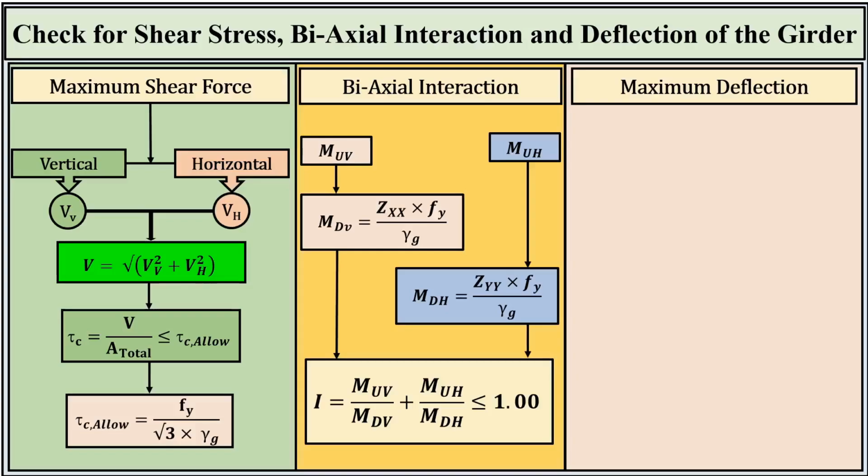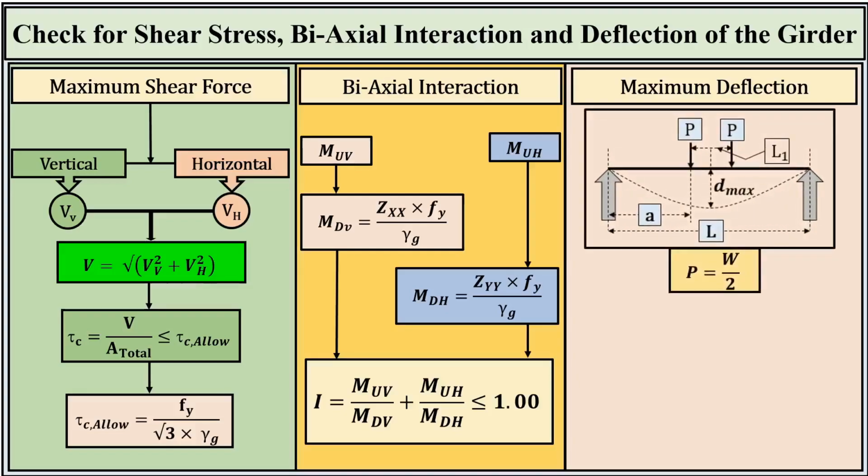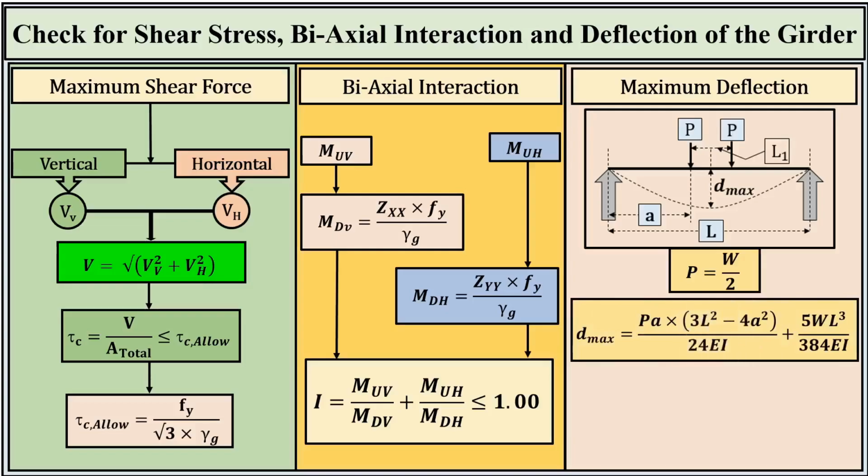Deflection calculation. In the final column, we perform the deflection check. To get a highly accurate result, we account for both the crane wheel loads and the deflection caused by the self-weight of the gantry girder itself. We calculate the total maximum sag, D maximum, using the combined formula shown here.